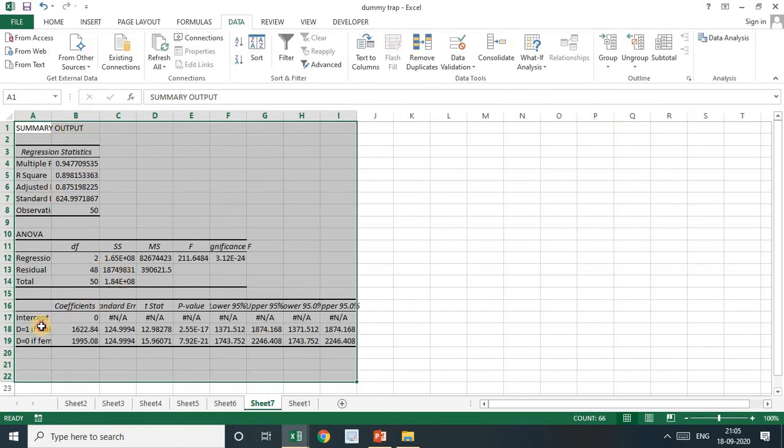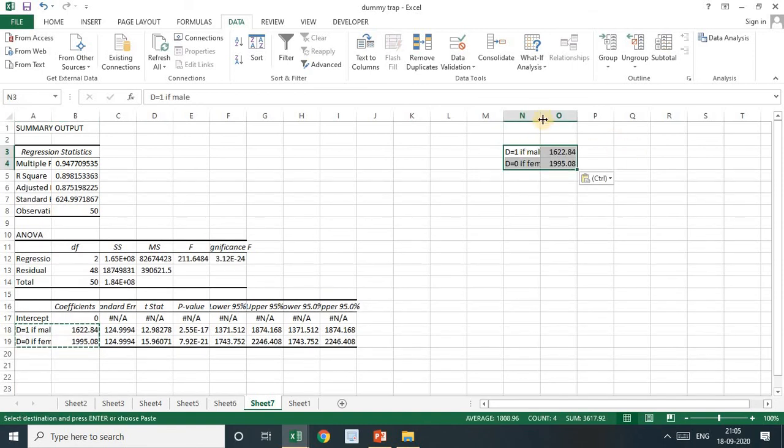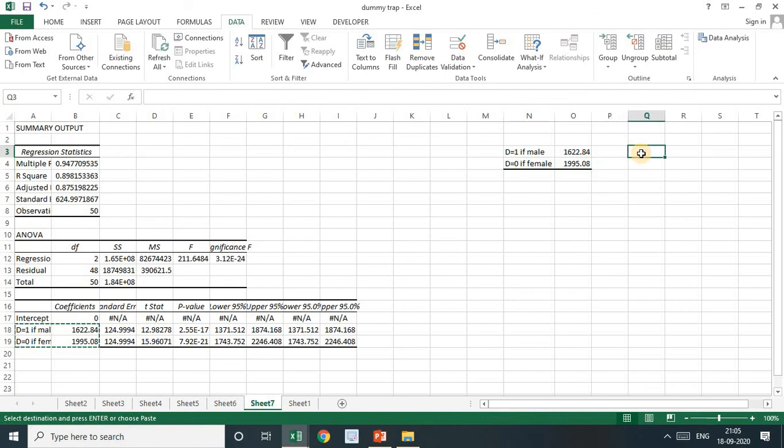Okay, now you are getting the average wage for female and male. What does it mean? Females are getting around this much salary, or 1622, and males are getting this much salary. Here the females are getting around 372 rupees extra compared to males.